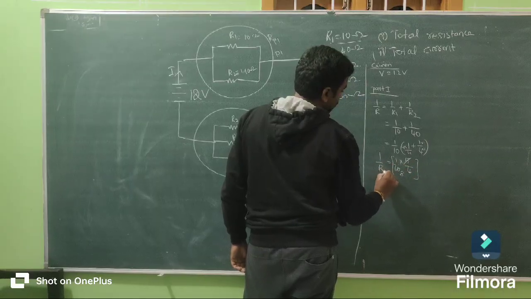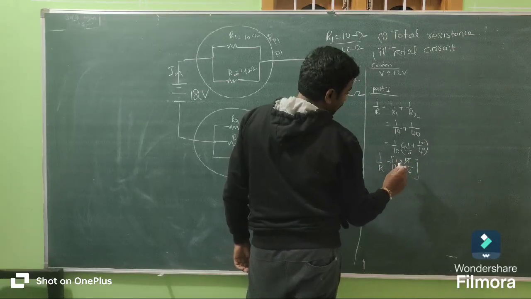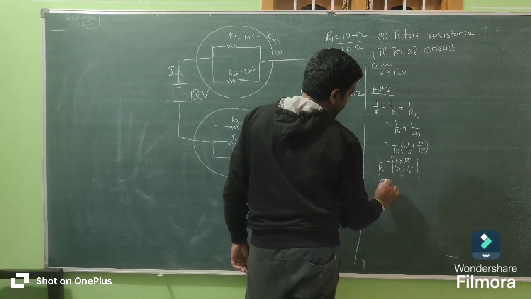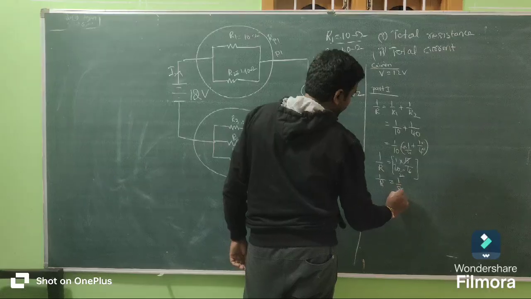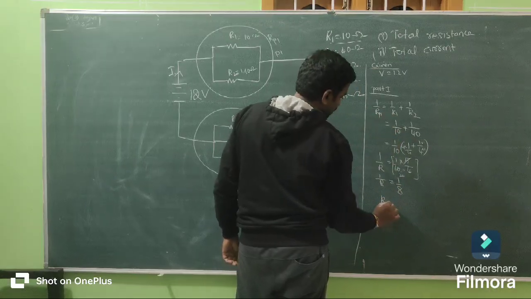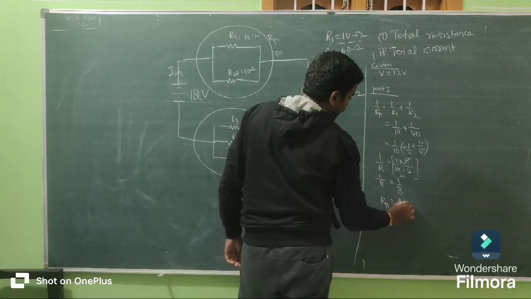So 1 by RP1 is 1 by 8. Total resistance RP1 is equal to 8 ohm.